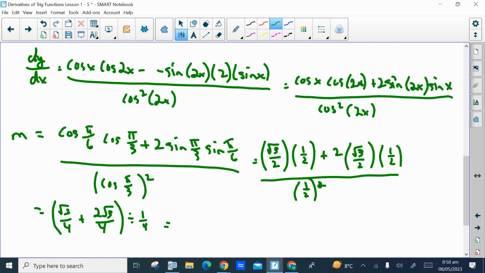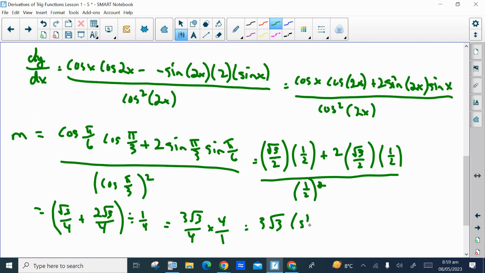So again, we can add these two terms together inside the bracket. 1 root 3 plus 2 more gives us 3 root 3s over 4 times the reciprocal, which is 4 over 1. The 4's cancel, and you're just left with 3 root 3. So there is the slope of the tangent line.